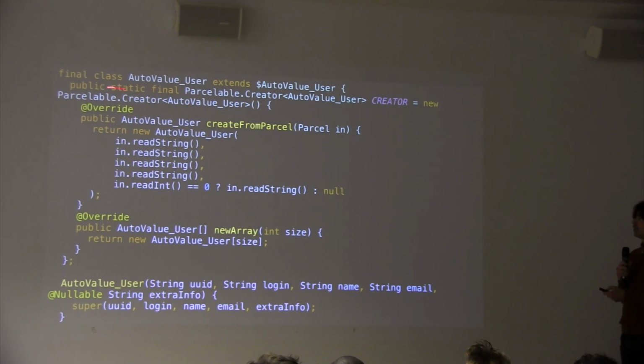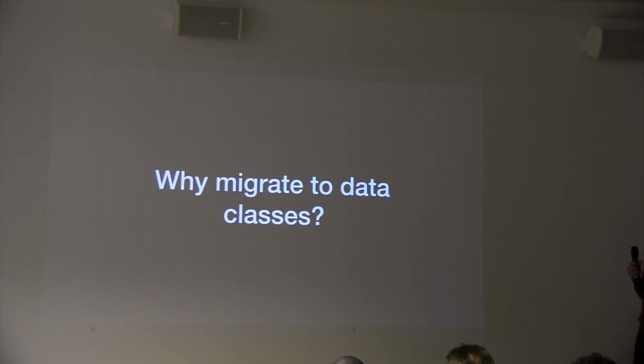And finally, the AutoValue user extends from the $1 and adds the Parcelable implementation. So in the end, since one extends from the other, that extends from the other, all I have to do is instantiate a version of this final AutoValue class here that will have then all the implementations that I need.